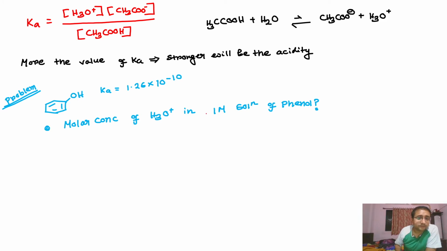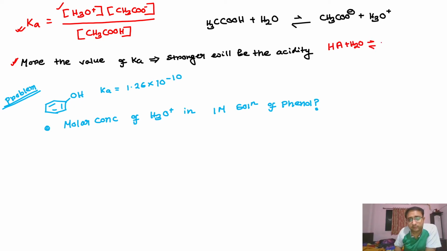Now you can see this is the definition of the acid dissociation constant. From it, what can we determine? If the value of the acid dissociation constant is very high, there will be more hydronium ion and more of the dissociated species. Suppose we have one acid, HA, and water.